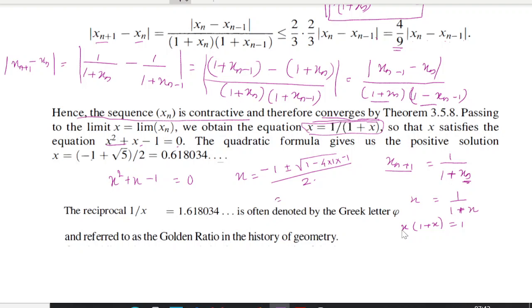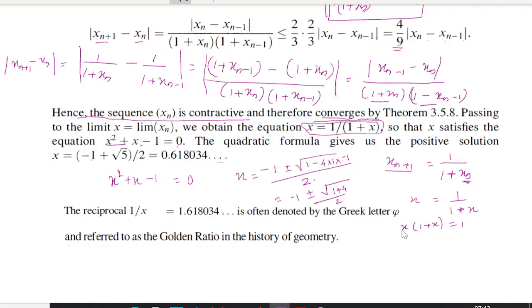Now this would reduce as minus 1 plus or minus square root of 1 plus 4, divided by 2. So that is minus 1 plus or minus root 5, all divided by 2, right? So plus or minus is coming here.